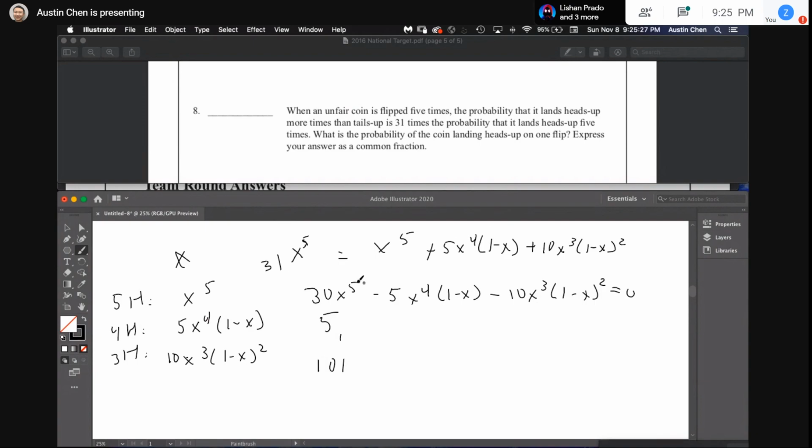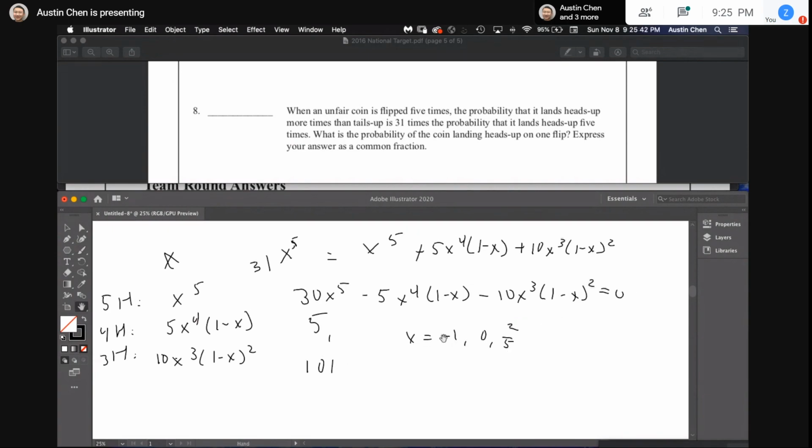So yeah, all right, rant over. If you put this function into your TI, you'll get x equals -1, 0, or 2/5. And it can't be -1 or 0. Well, it could be 0 actually, since it never specifies that it can't be 0.